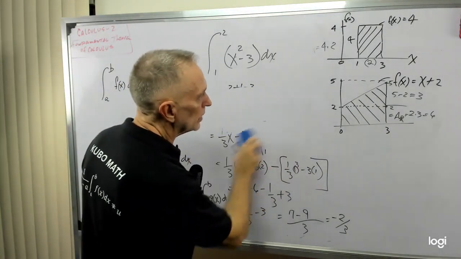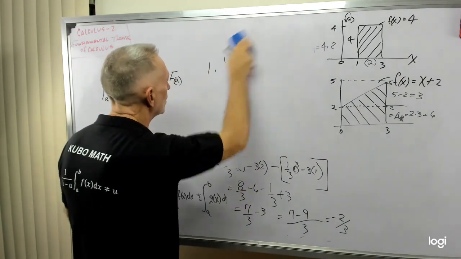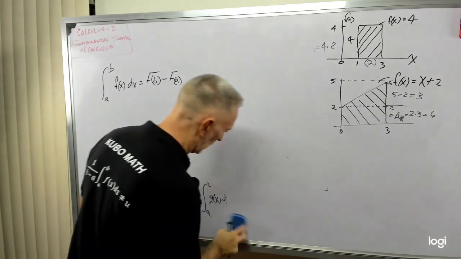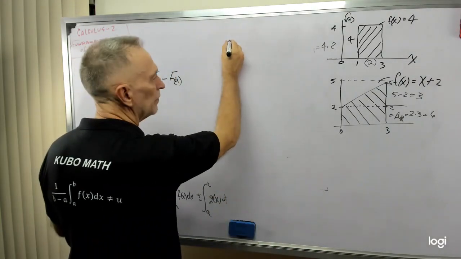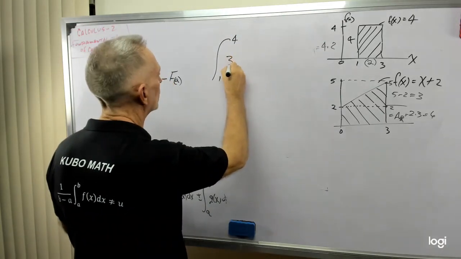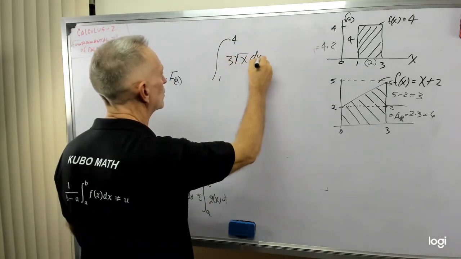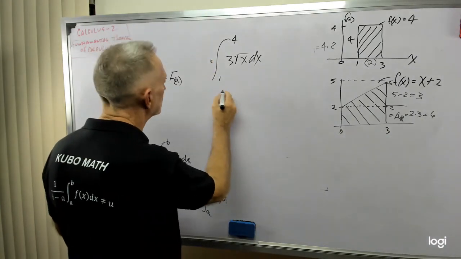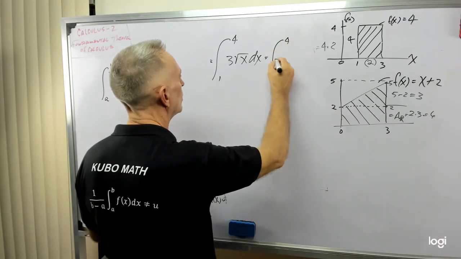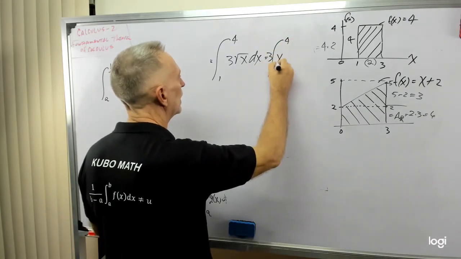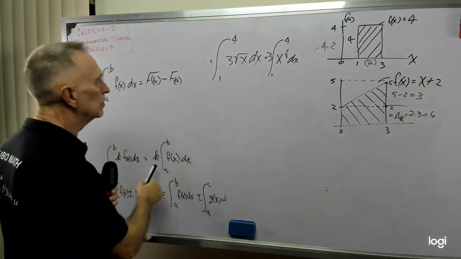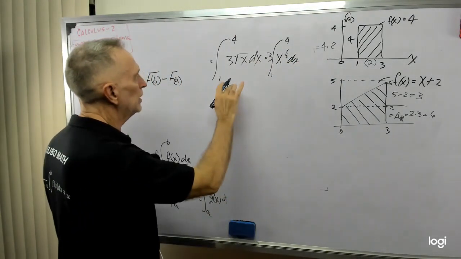All right, let's take a look at one or two more here. We have the integral from 1 to 4 of 3 square root of x dx. We could restate that as the integral from 1 to 4 of 3 x to the 1/2 dx. Use our constant rule here. Pulled the 3 out.